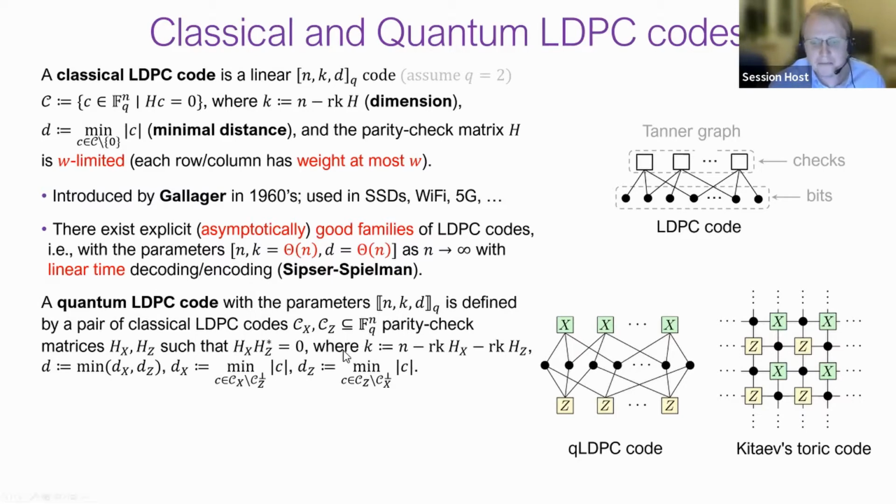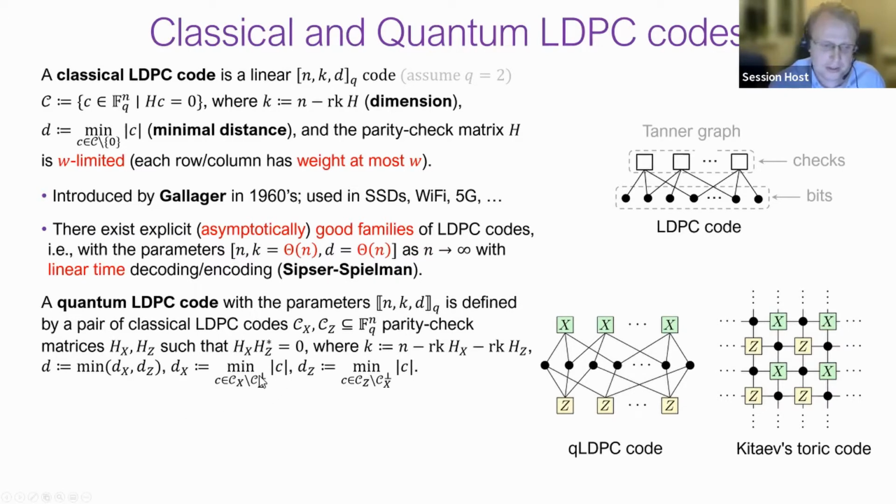You also still have these standard parameters: the length of the code, the dimension of the code K, and the minimal distance. The meaning of these three parameters is approximately the same, they are just analogs of the classical codes, but the formal definition is slightly different.